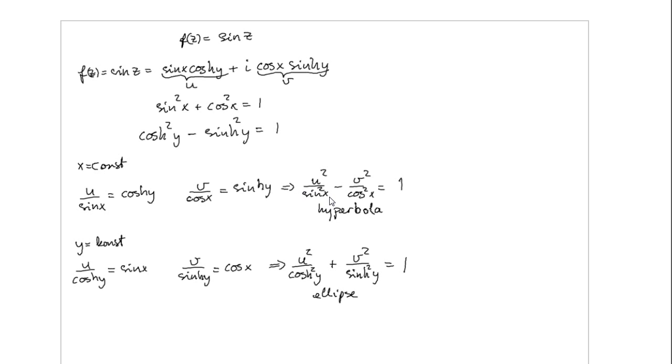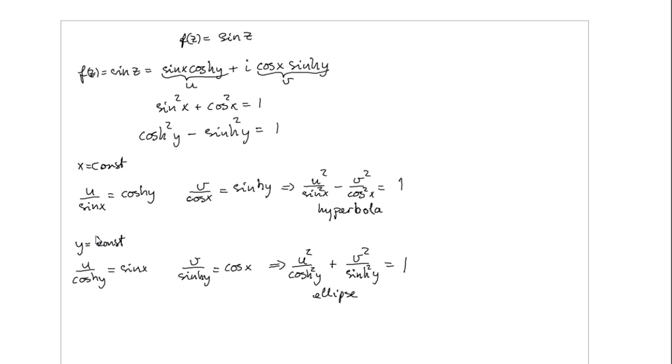Recall that x is a constant, so here we have u squared multiplied with a constant. Similarly, in this term we have v squared multiplied with a constant. And in the uv plane, this corresponds to a hyperbola.